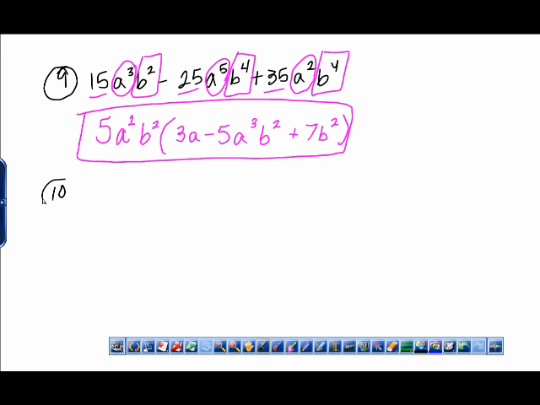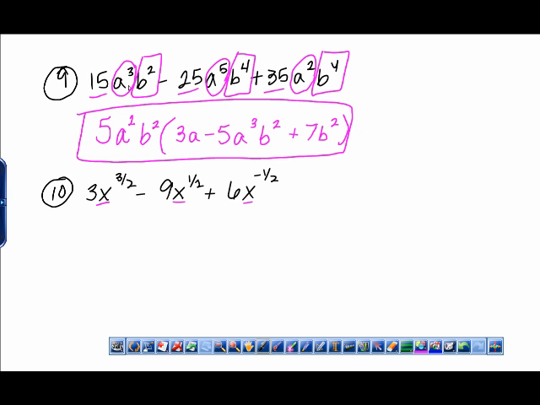All right, let's try one that's a little bit weirder. 3x to the 3/2 minus 9x to the 1/2 plus 6x to the negative 1/2. Now, when you're factoring out a GCF, which hopefully you picked up on the fact that they all have an x, we can't just do an x, okay?